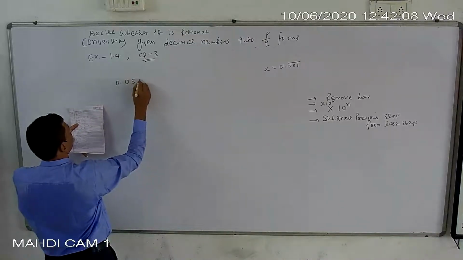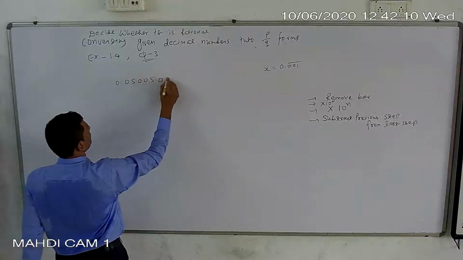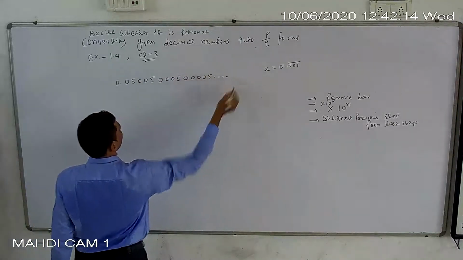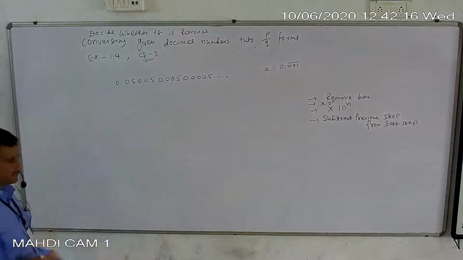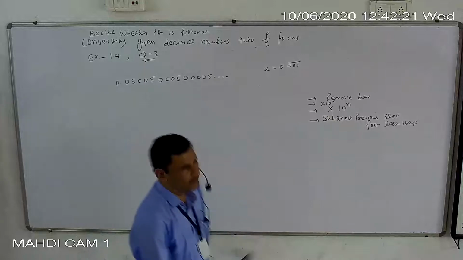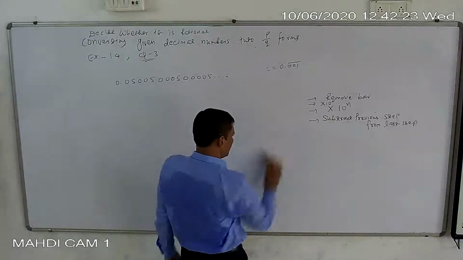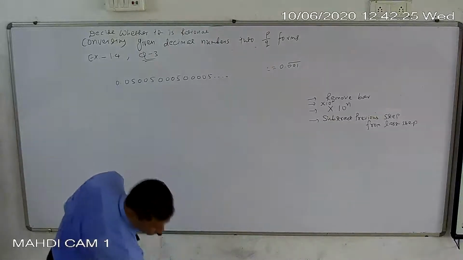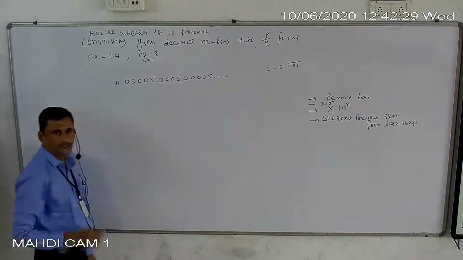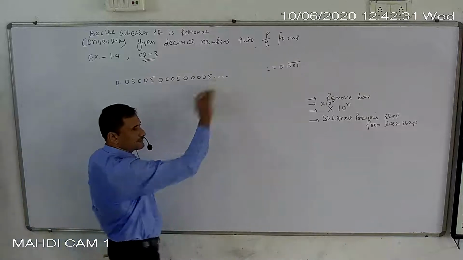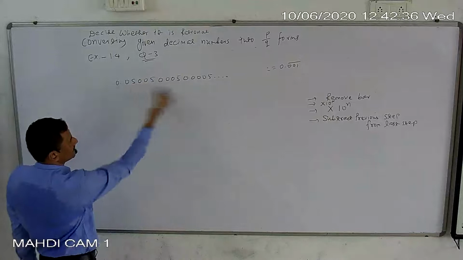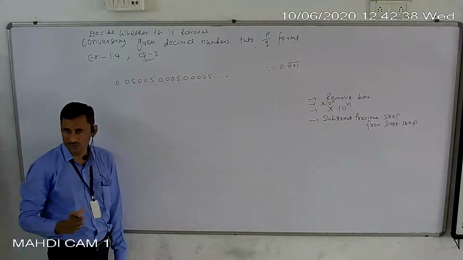0.05005 like this. Okay, this is the given number. No bar form is possible here because it is actually not a rational number, it is irrational. Why? Look here, first of all it is non-terminating. If dot dot dot is like this, it is going ahead, so it is always non-terminating. Now you can observe it is non-recurring also.